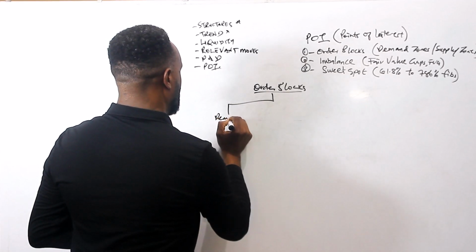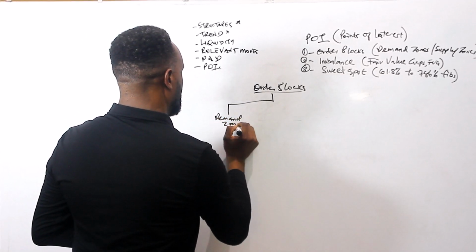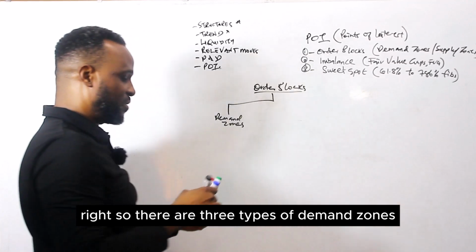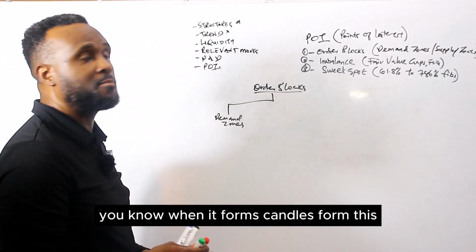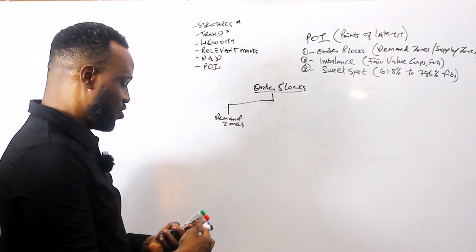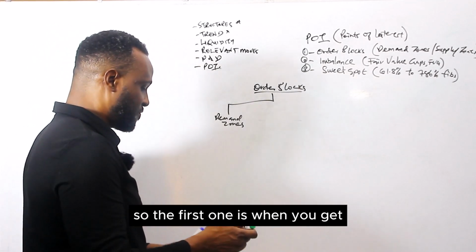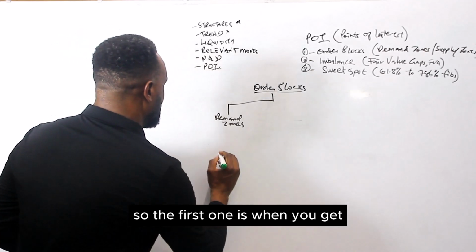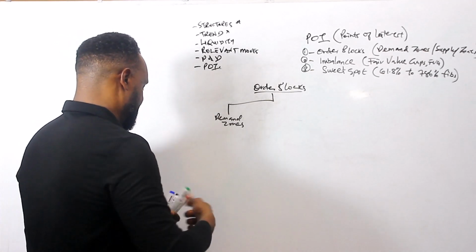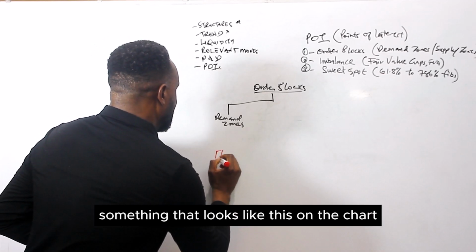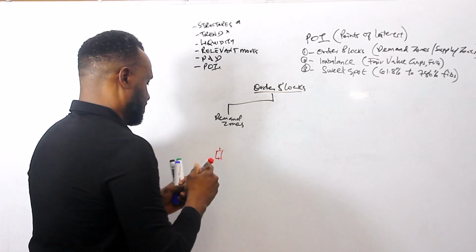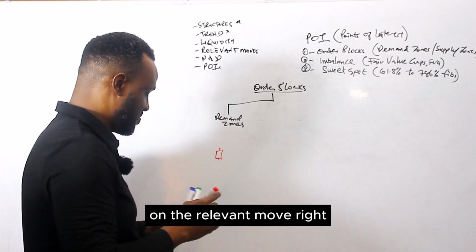Demand zones, right? So there are three types of demand zones. When it forms, these are the candles you want to look out for. The first one is when you get something that looks like this on the chart, on the relevant move.